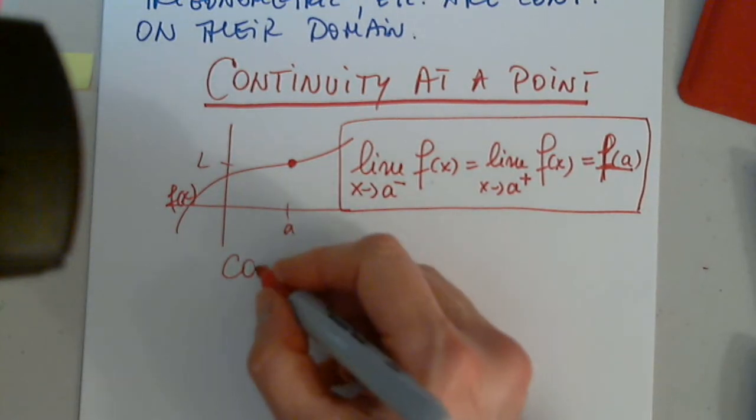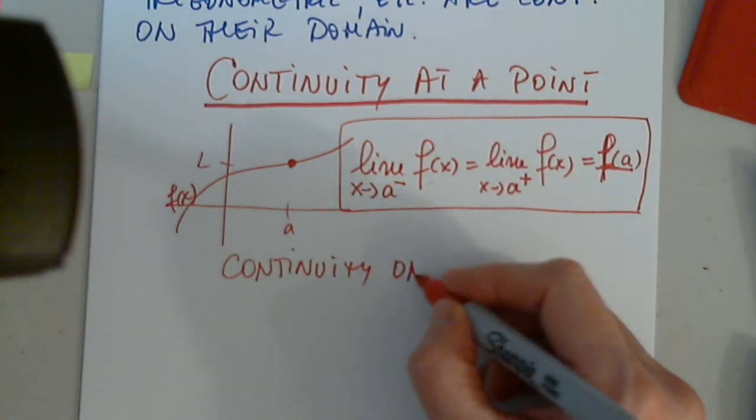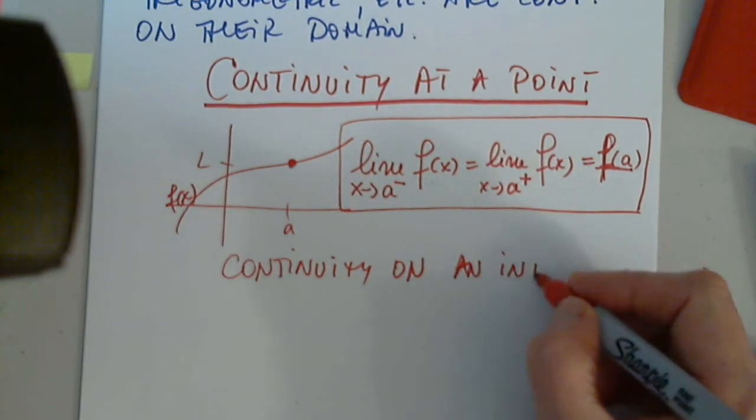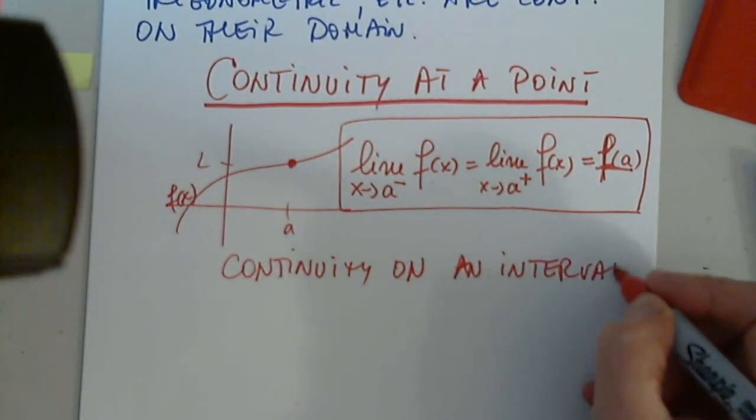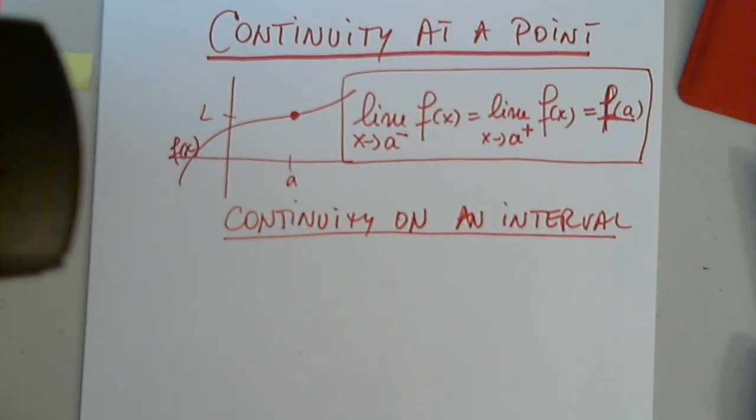Finally, before we look at problems, continuity on an interval. So what do you think? Anyone would like to give it a shot? When is a function continuous on an interval?